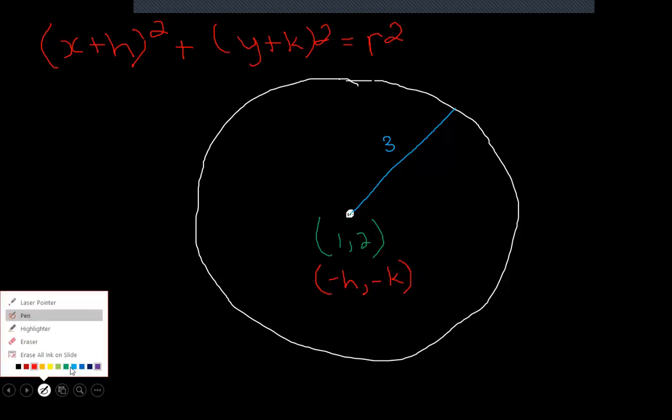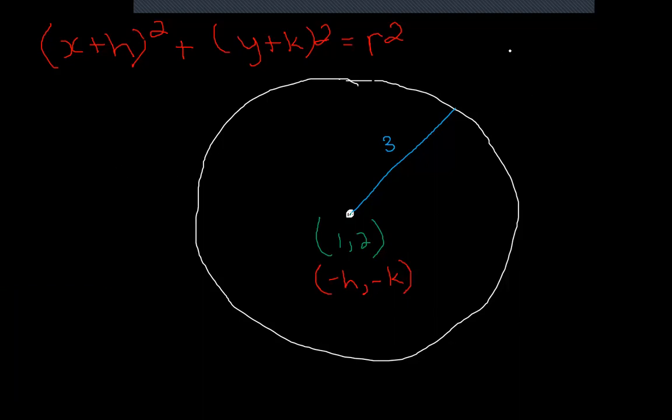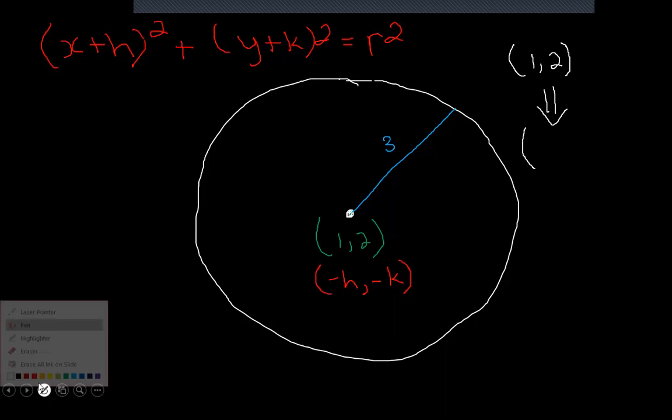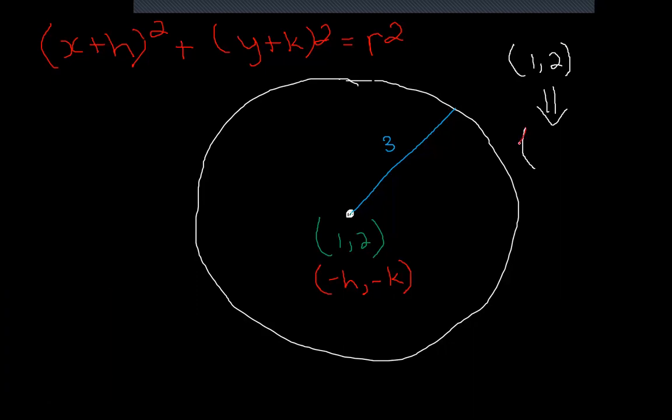What does that mean? Tell me if I'm going too fast, because I don't want to lose anybody here. What does that mean? We're looking up here now. If they told me the center is 1, 2, which is in the form, let me use red for this so you always remember it, minus h, minus k.